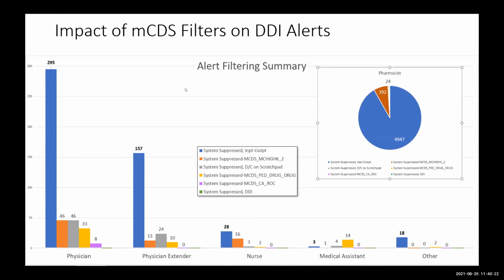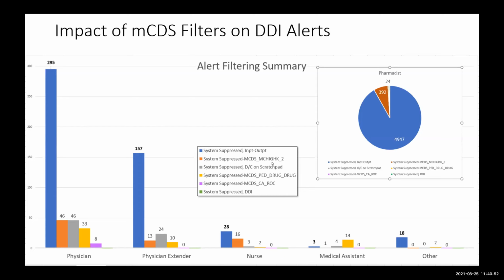This is a breakdown of just the MCDs filters for each of the major position groupings. You have physicians, extenders, so mid-level providers, nurses, medical assistants, other, and then pharmacists in their own graph because the numbers are higher. I wanted to show the detail here of what's doing the valuable filtering. Inpatient, outpatient by far does most of the filtering. So home meds against inpatient orders, for instance, except for the ED, of course, that's the exclusion.